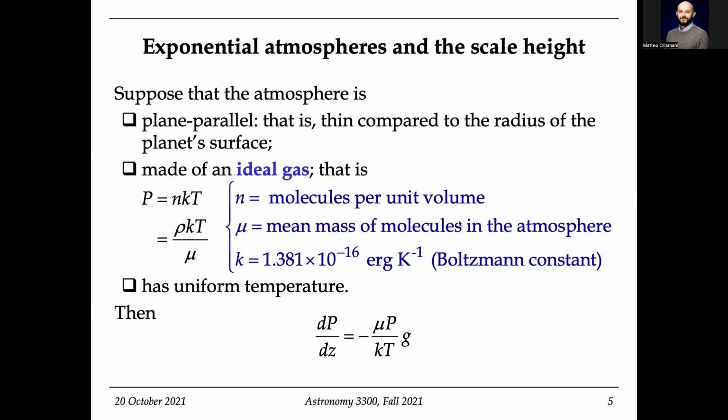When I do a derivative like this, I can always arbitrarily add something that multiplies. And in fact, that's what I'll do here. I'll multiply this whole thing by a pressure at some location.